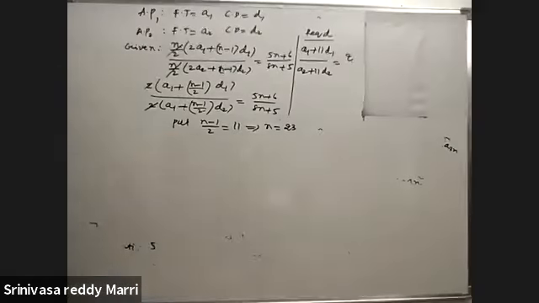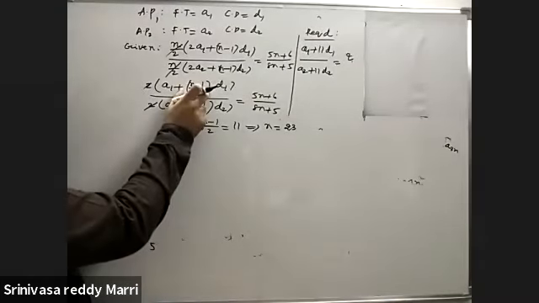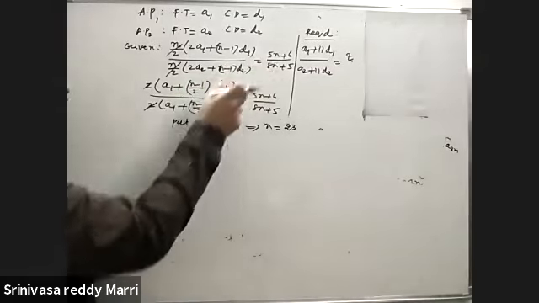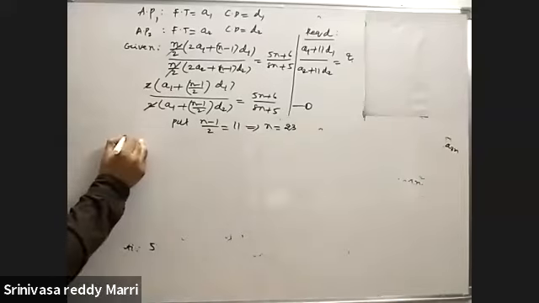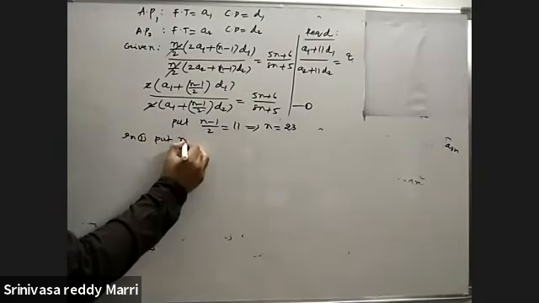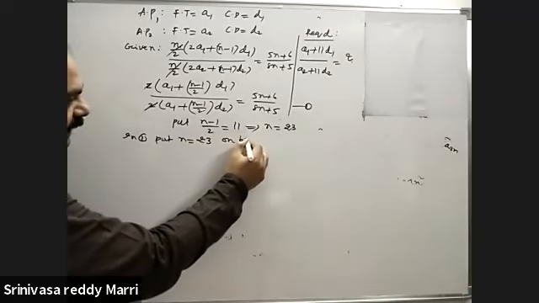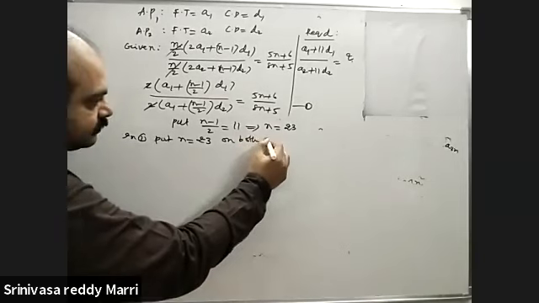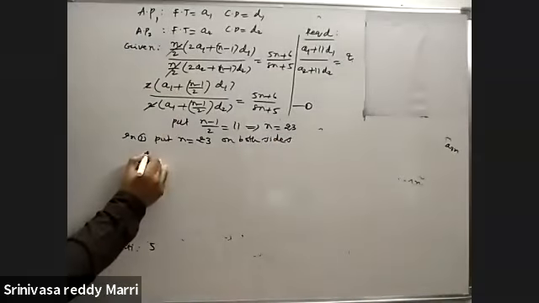What is the value of n you have to choose here? Take (n minus 1) by 2 equal to 11. So therefore in 1, put n equal to 23 on both sides. Then what you will get?